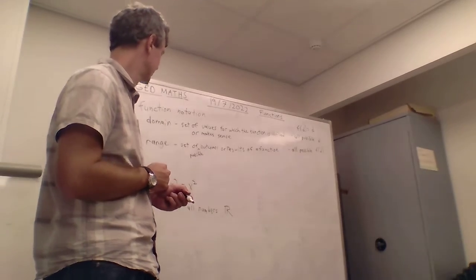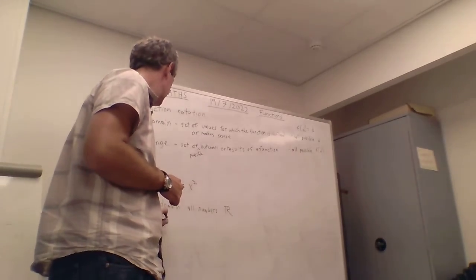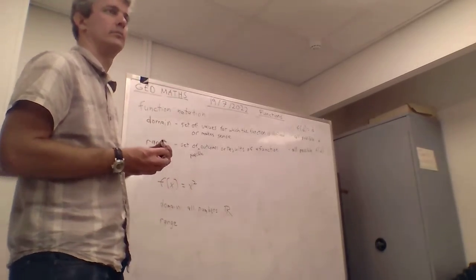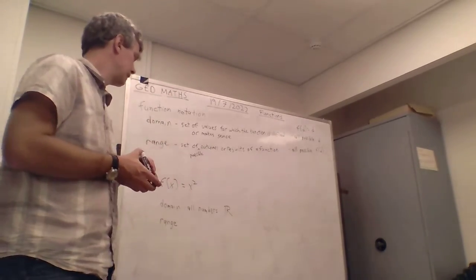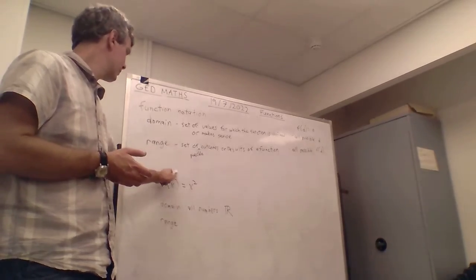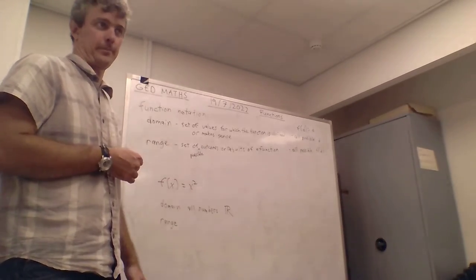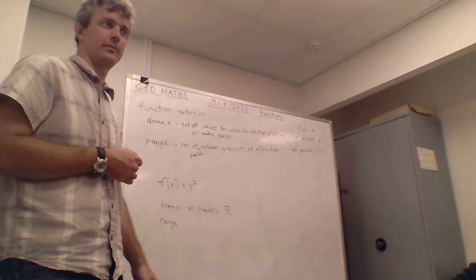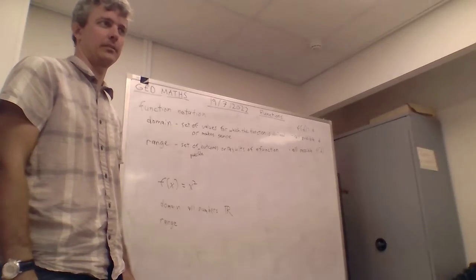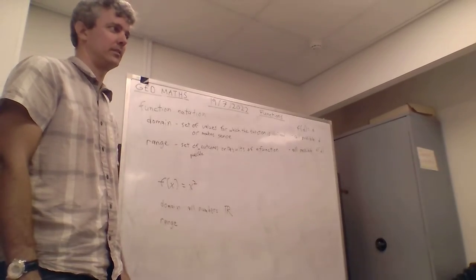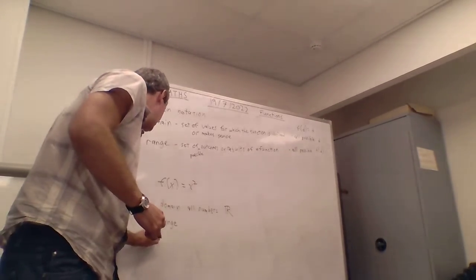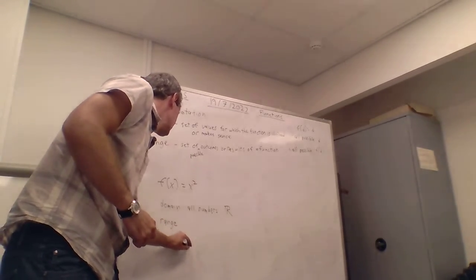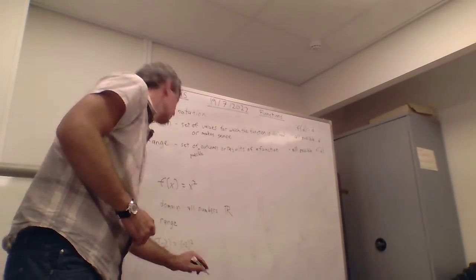Okay? How about the range? So a number is squared. Any number squared, right? Can f of x ever be a negative number? For what x will f of x be negative? Let's try that. F of negative 2 equals negative 2 squared, which equals 4.